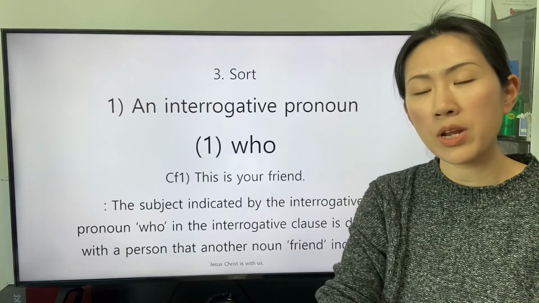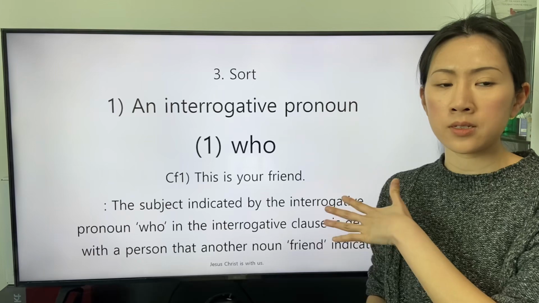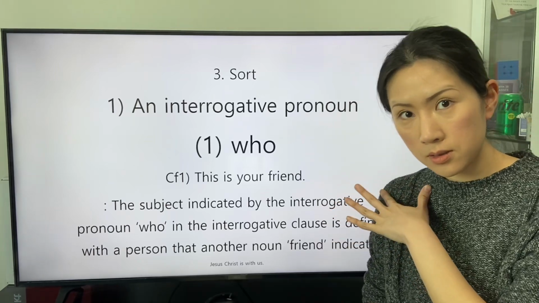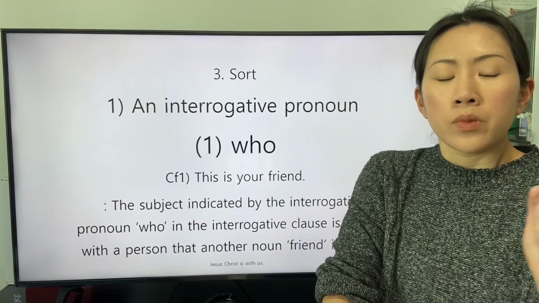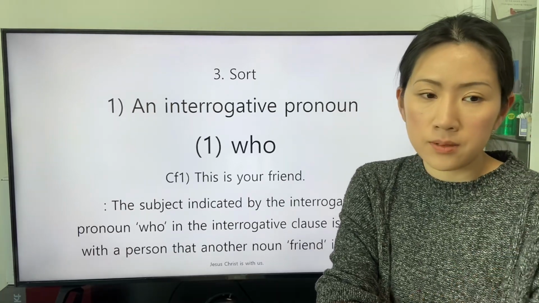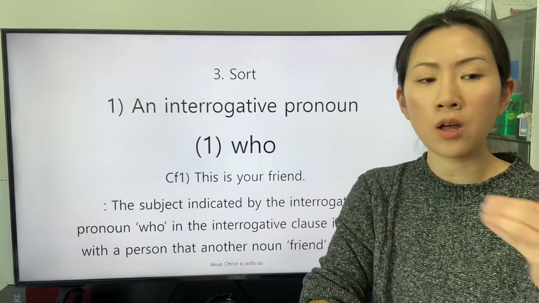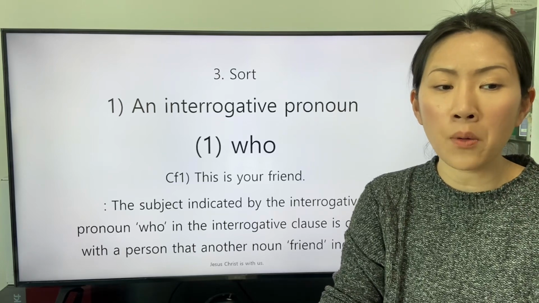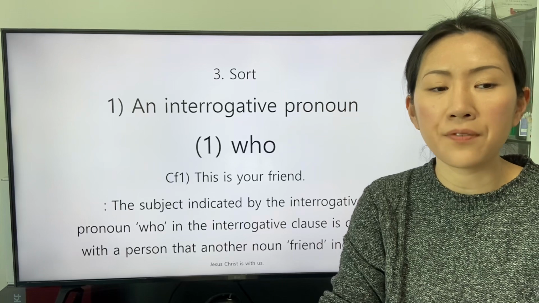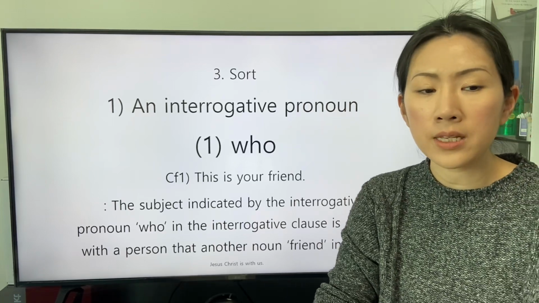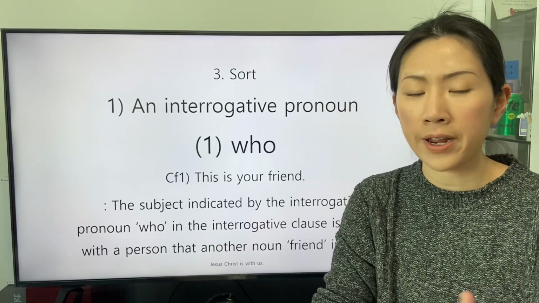One of the responses to this question is stated. The first conference. This is your friend. The subject indicated by the interrogative pronoun who in the interrogative clause is defined with a person that another noun friend indicates.